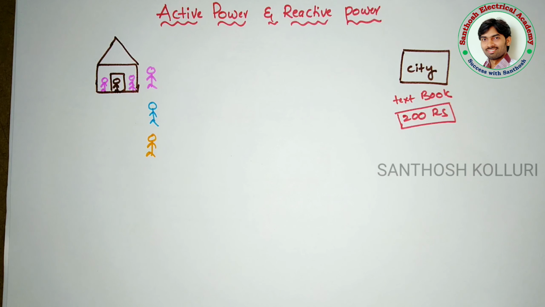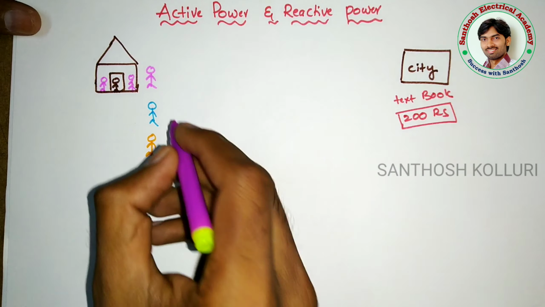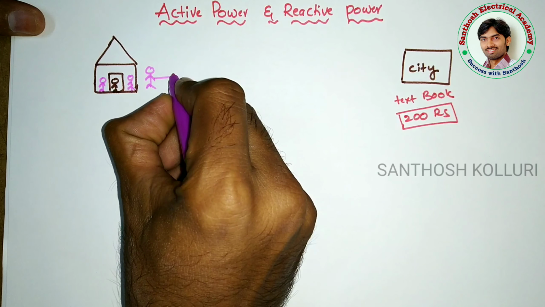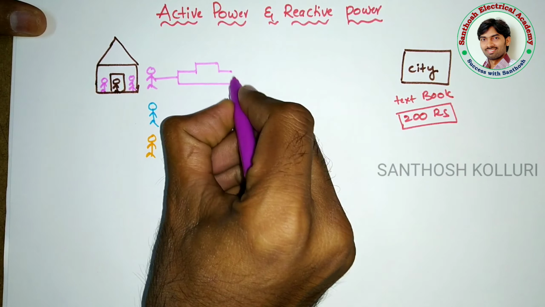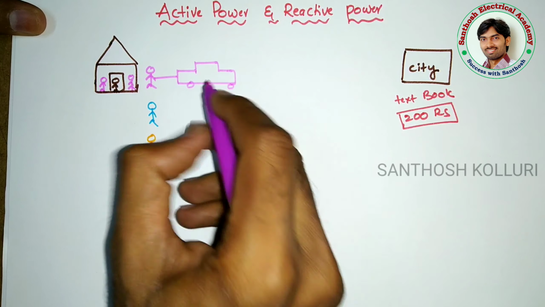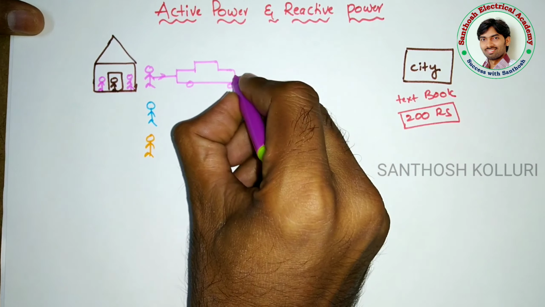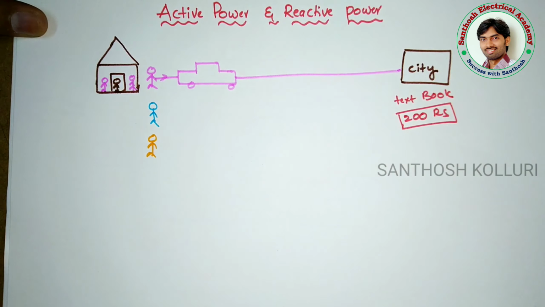In the first case, he is going to choose a cab to travel from his home to the city.